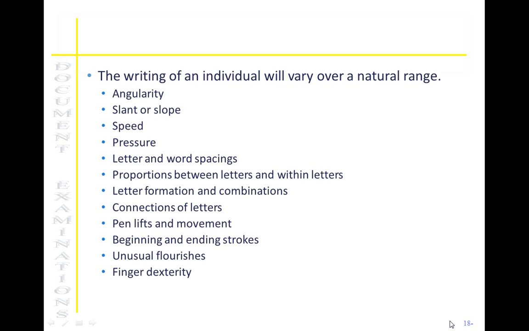Any proportions between letters and within letters and words is also taken into consideration. So the letter formation and combinations that are used, how letters are connected, where there's pen lifts and specific movements with the pen, how a person begins and ends various strokes, if there is a lot of unusual flourishes. All of these things are going to be taken into consideration when you examine a person's handwriting.